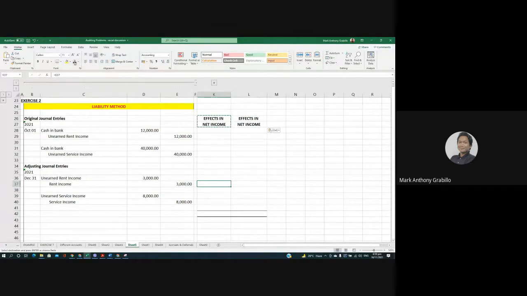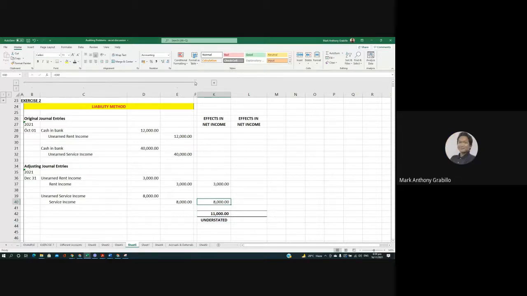So idadagdag ba o ibabawas? Dadagdag. Alright. And then for the service income, under or over? Understated po. So idadagdag natin. So how much is the total understatement? 11,000. Understated.